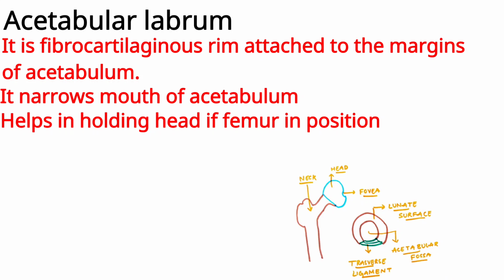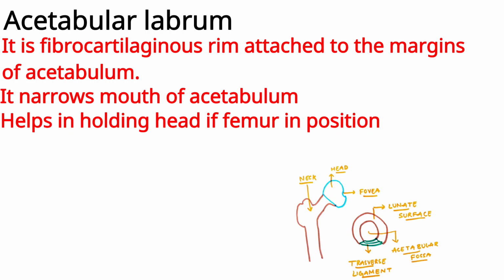It narrows the mouth, that is the opening of the acetabulum, and it covers the head of the femur. It helps in holding the head of the femur in a firm position in the joint and provides good stability to the hip joint.